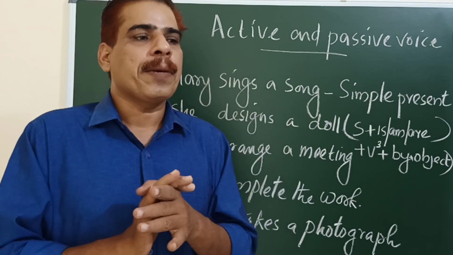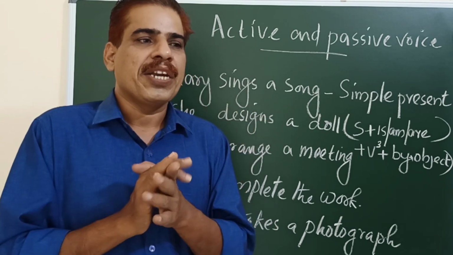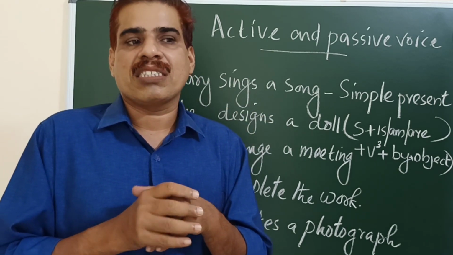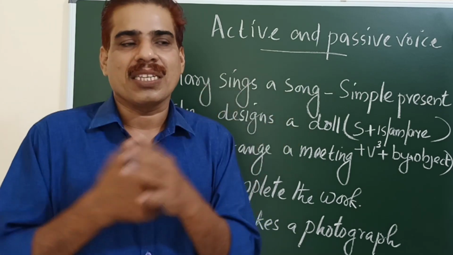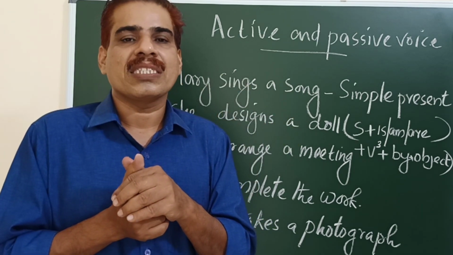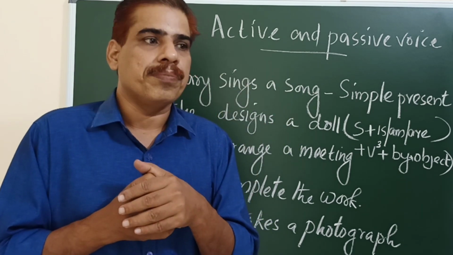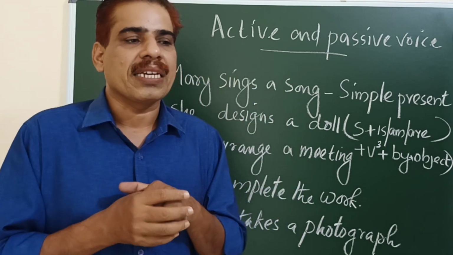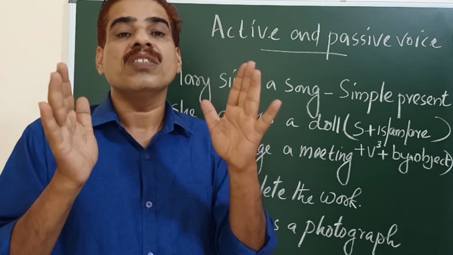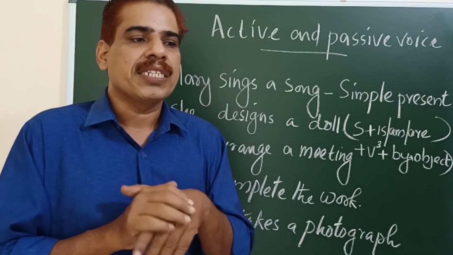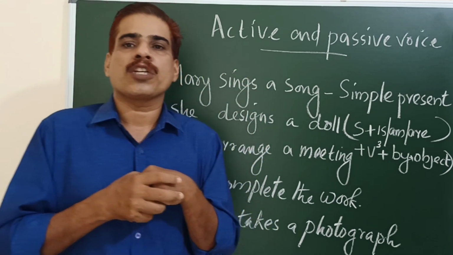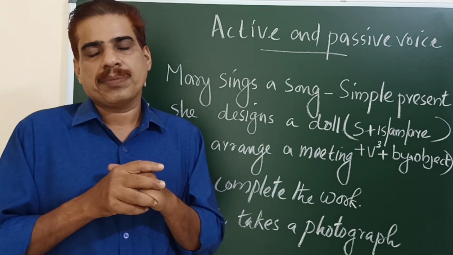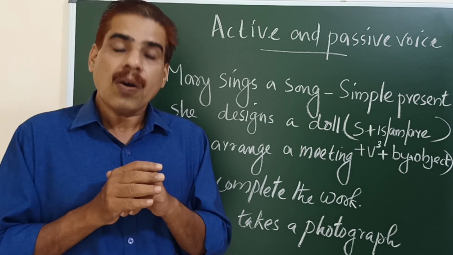To show that the person or the thing denoted by the subject does something happens in the active form. But in the passive form, the verb shows something that is done to the person denoted by the subject.